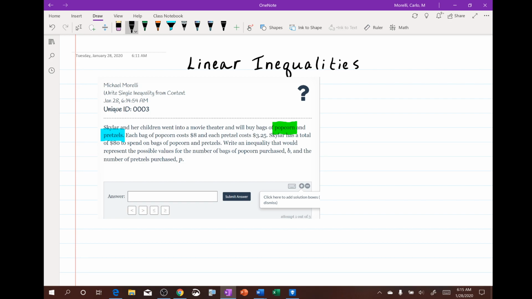So this is the important point. If you go to the store and you have a total of some amount of money to spend, then you can buy things that are less than or equal to that amount of money. So what we need to do is we need to say that I'm going to spend $8 on popcorn, and $3.25 on pretzels.